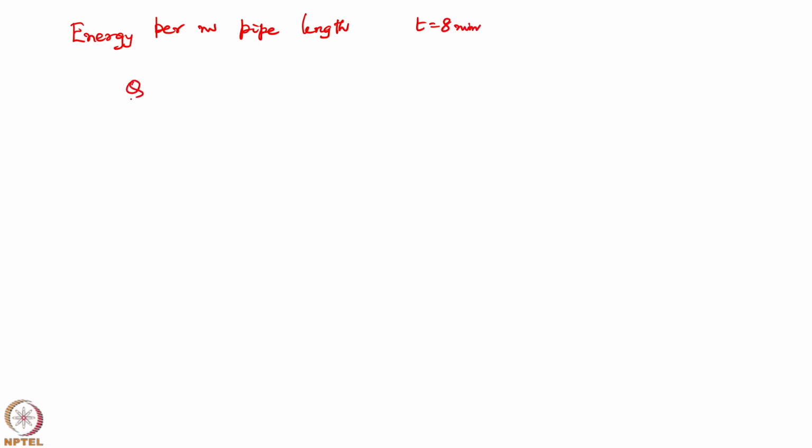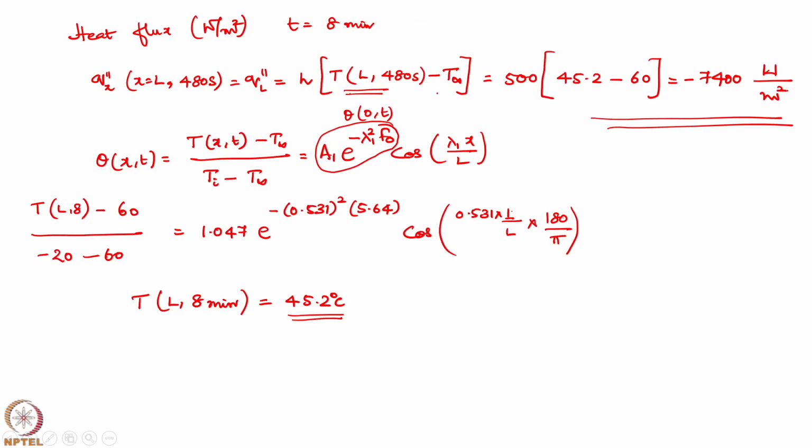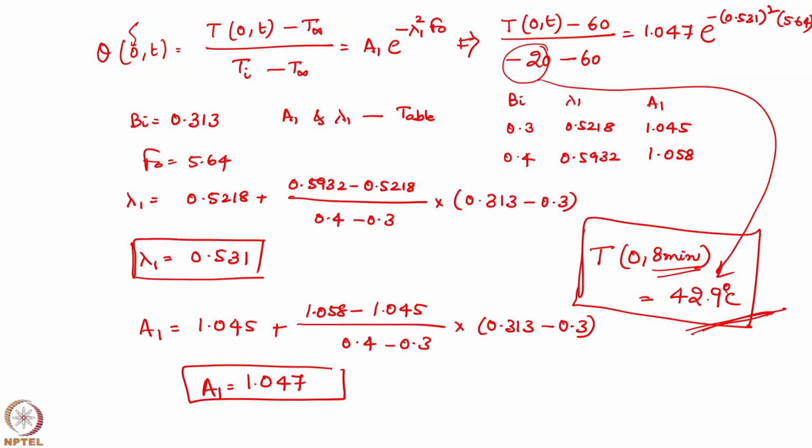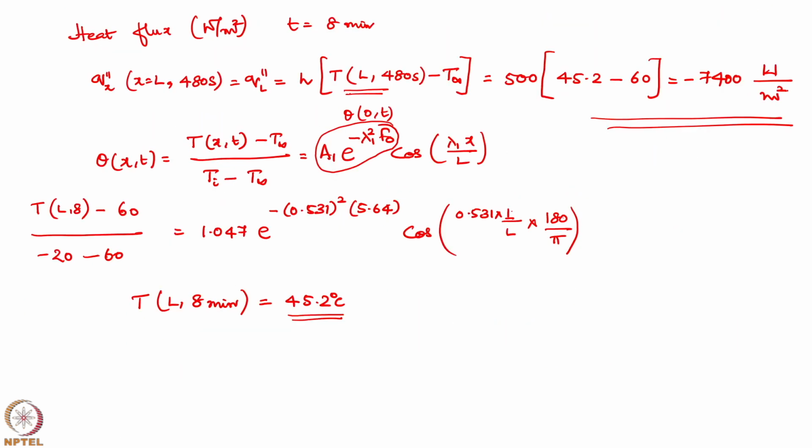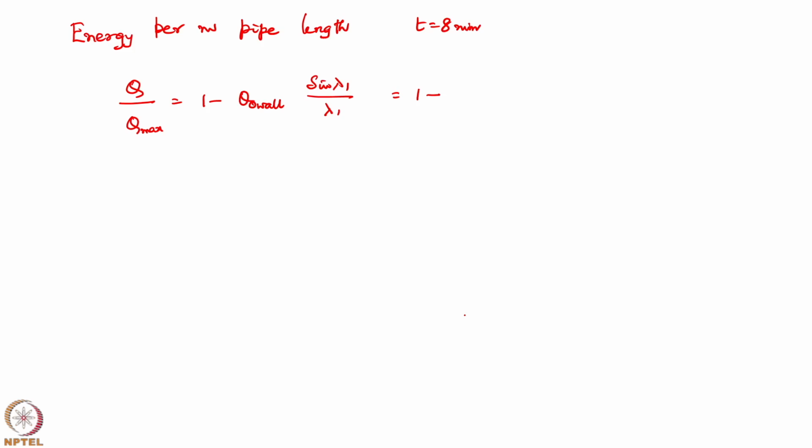For that I know Q by Q max equal to 1 minus theta naught wall into sine of lambda 1 by lambda 1. If you just go back and check, this term theta naught wall alone reduces to 0.214. That is what I am going to substitute here, theta naught wall is 0.214.